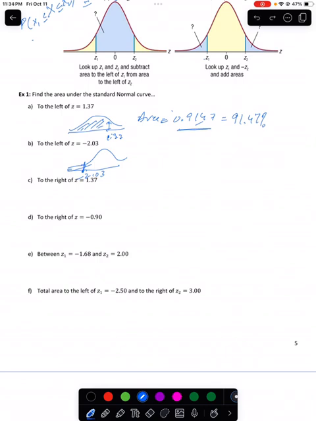Because it says to the left of this number, we look up our number. Now we will be in the first table.